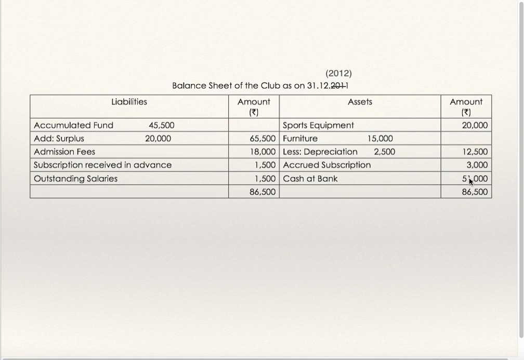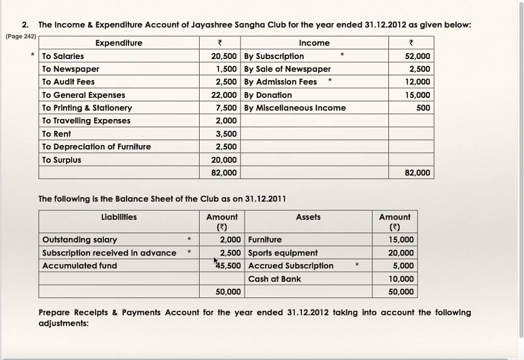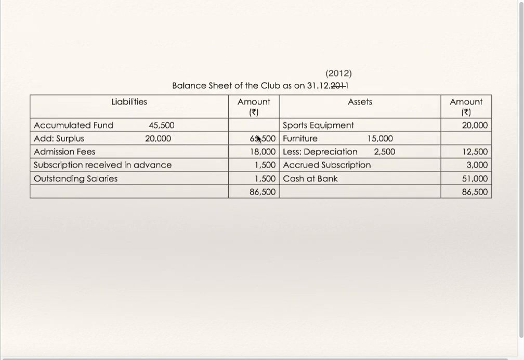Cash at bank, just now we have found out, is the closing cash by preparing the receipt and payment account. Accumulated fund: if you go to the opening balance sheet, you will get accumulated fund 45,500. Add surplus from the income and expenditure account. Admission fees, I have shown you in the working note. Subscription received in advance closing and outstanding salaries closing. This is how the closing balance sheet is to be prepared.